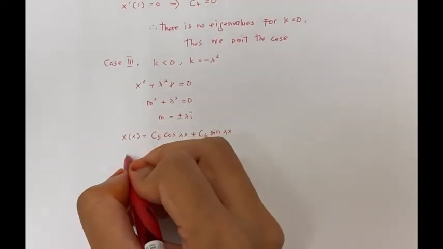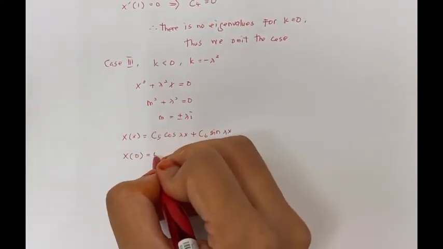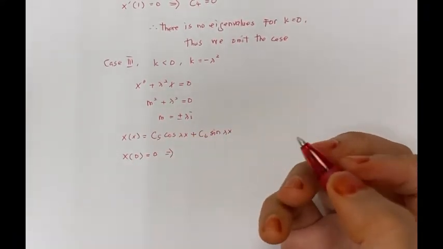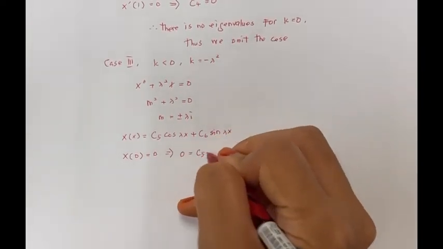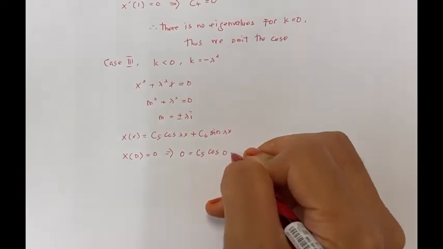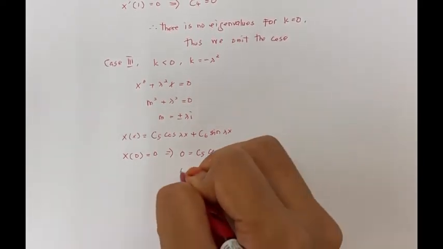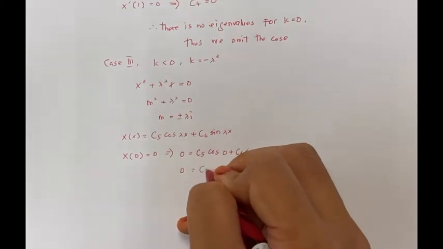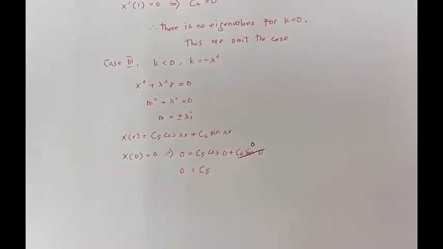Substitute the boundary condition. When x equal to 0, X is equal to 0. Then we have 0 equal to c5 cos 0 plus c6 sin 0. Since sin 0 is 0, we don't have any c6, so basically c5 is equal to 0.